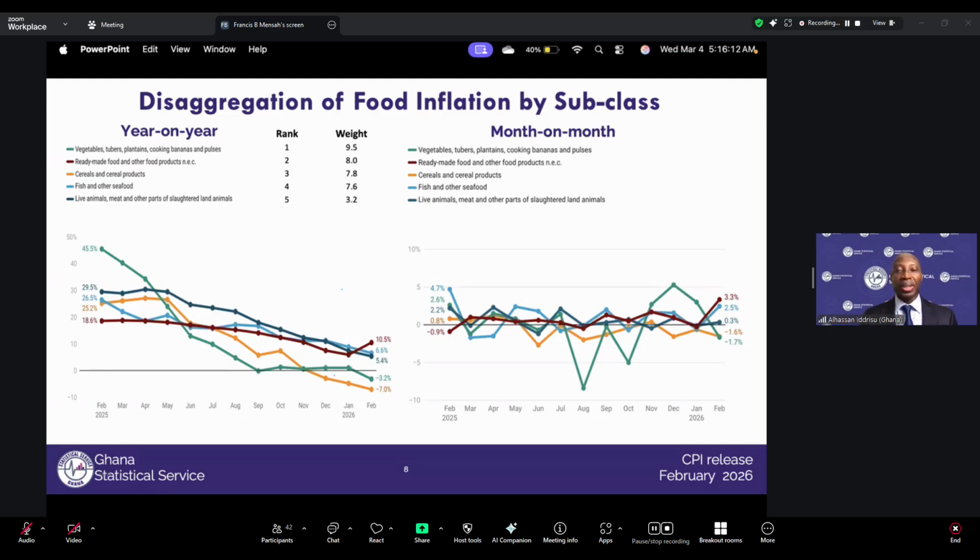In fact, the vegetables and cereal subclasses experienced year-on-year price declines in February 2026, with negative inflation of 3.2% and 7% respectively.